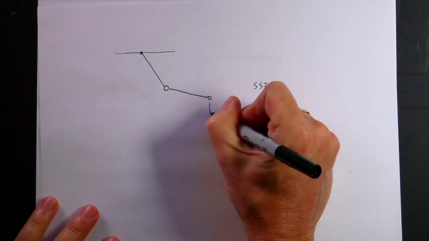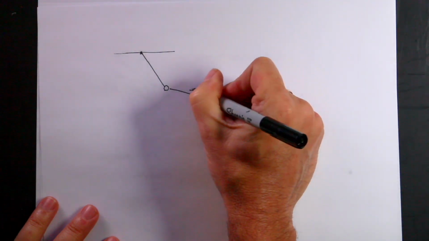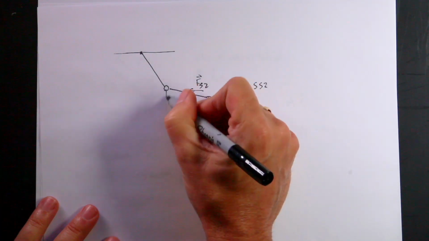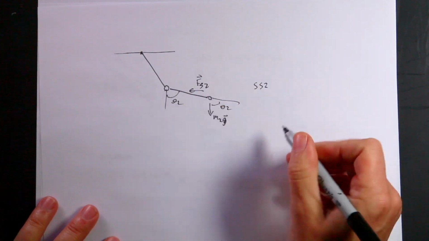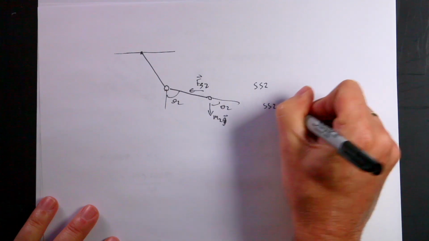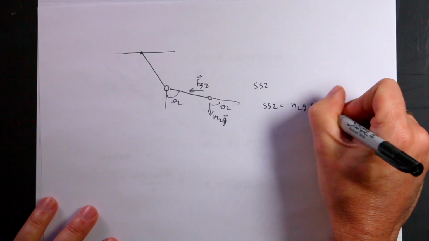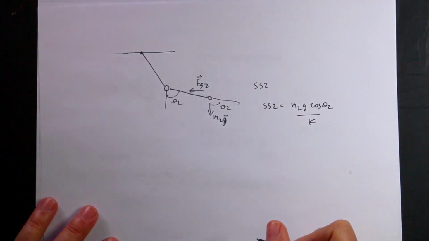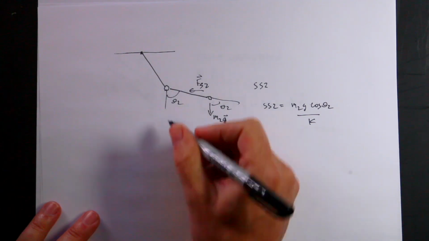I have two forces: the downward gravitational force M2G, and FS2, and that's theta 2. This looks just like before. SS2 equals M2G cosine theta 2 over K. That's just like before. Now for mass 1, we actually have three forces acting on it.